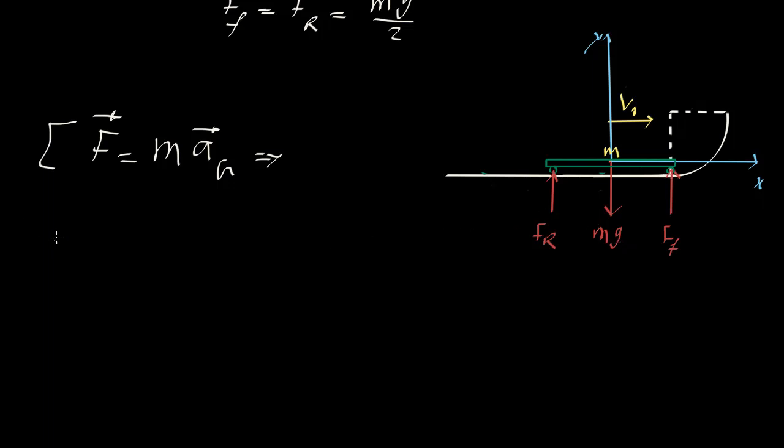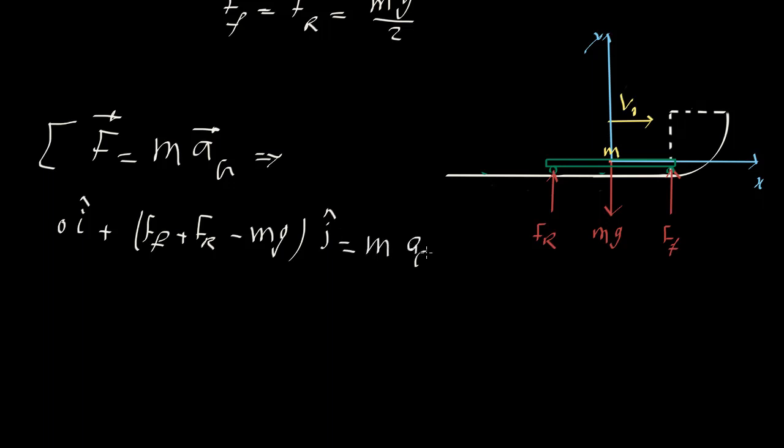So we don't have any forces in the x direction, so 0 in the i, plus we're going to have F_f plus F_r minus mg in the j direction. This is equal to m times a_gx in the i direction plus a_gy in the j direction.